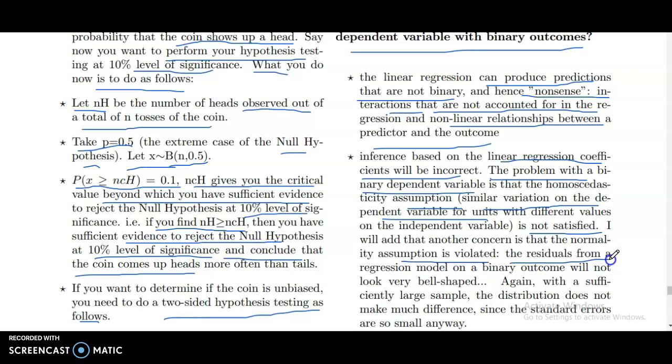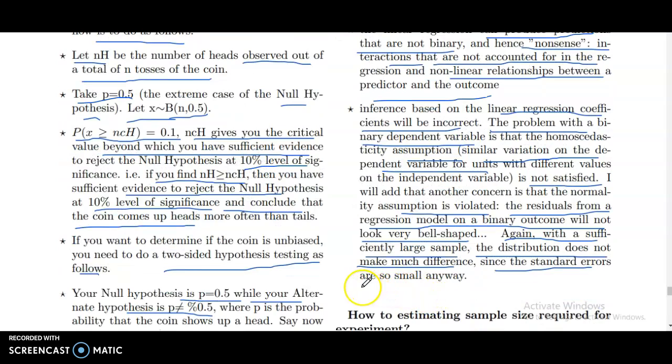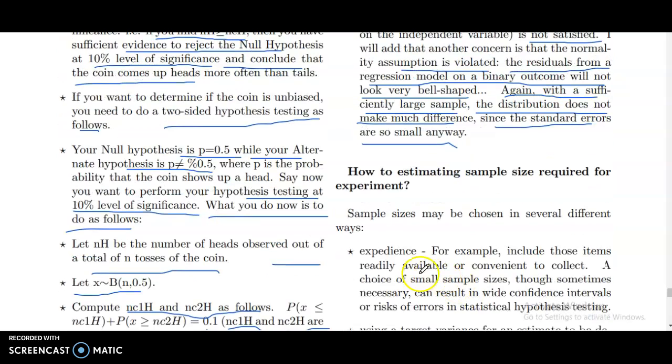The residual from a regression model on a binary outcome will not look bell shaped. Again, with a sufficiently large sample, the distribution does not make much difference since the standard errors are so small anyway.